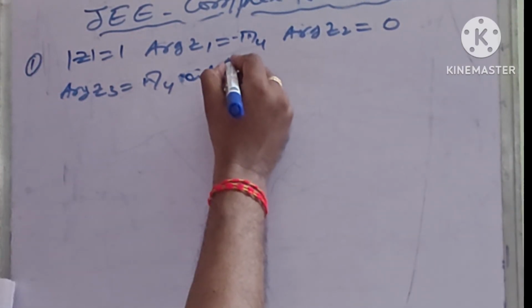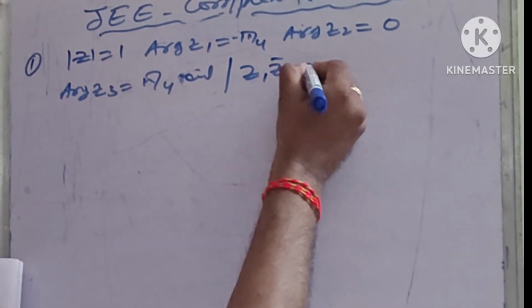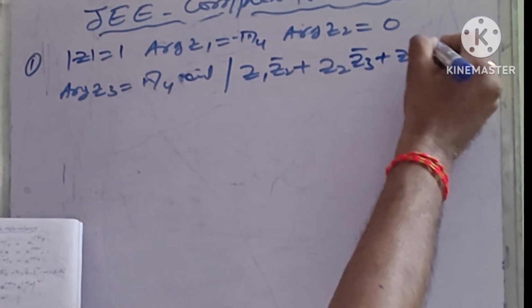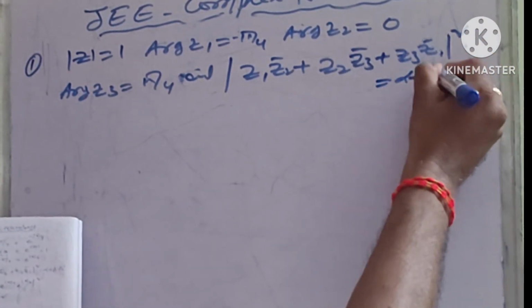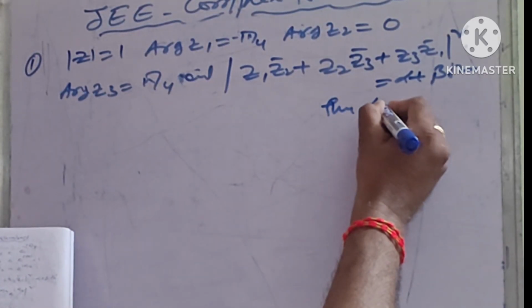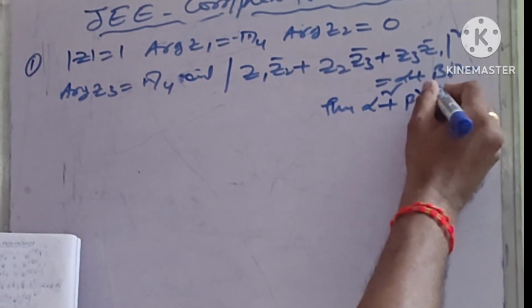Then the value of mod Z1 Z2 bar Z3 bar plus Z3 Z1 bar, whole square, is equal to alpha plus beta root 2, then alpha square plus beta square is.